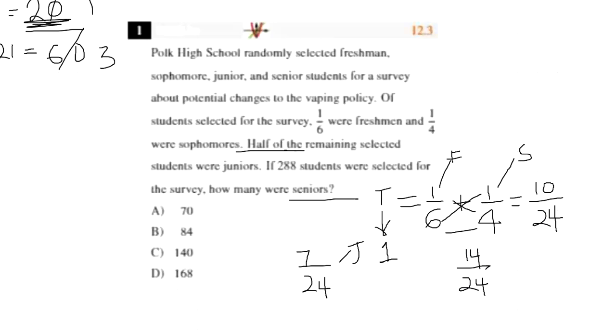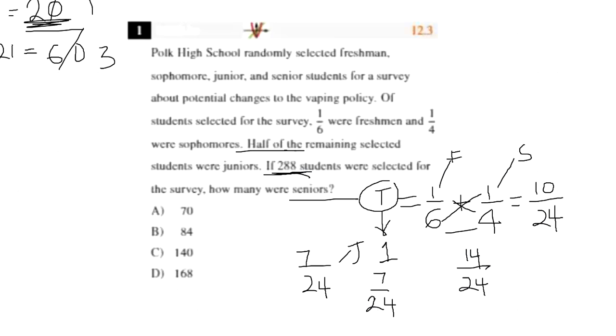So you know 7 over 24 would also be for your seniors. Now let's continue with our question. If 288 students were selected for the survey, so that's for the total. So they've given us the total number of students, 288 for the survey. How many were seniors?